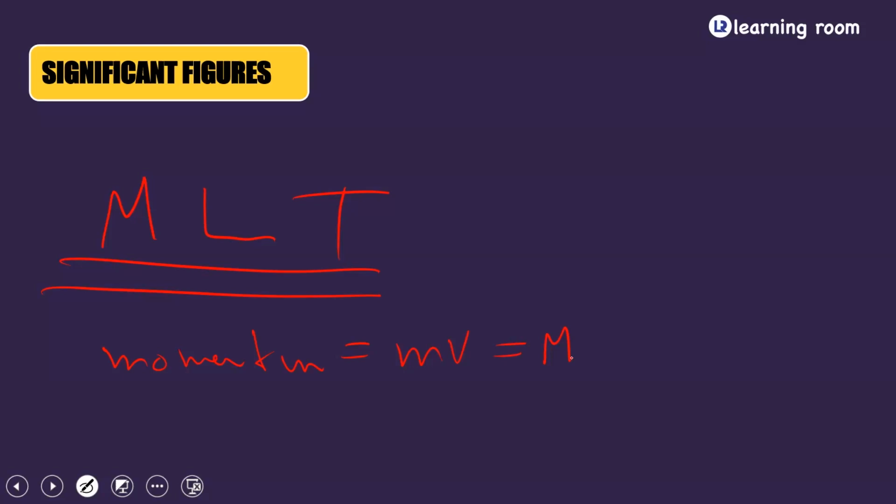Distance is the length, no? So I can write L, and time I'll write as T. So I can write this as M L T minus 1. Just look at it, understand the concept.